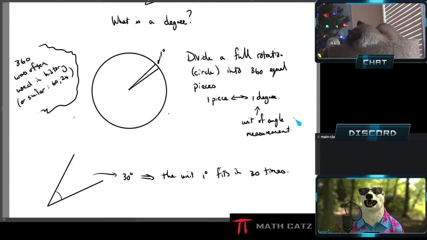Well, it means the same thing it did for length measurement, for area measurement. I'm seeing how many of this unit wedges I can stack in to fill this given wedge angle. And I can stack my little unit 30 times in here. Therefore, this angle is 30 times bigger than the unit. And we say it's 30 degrees.